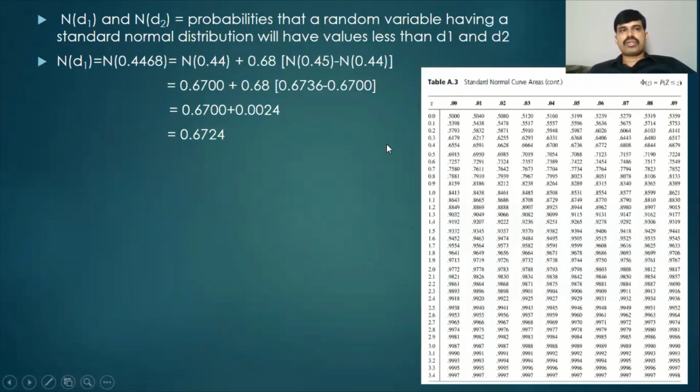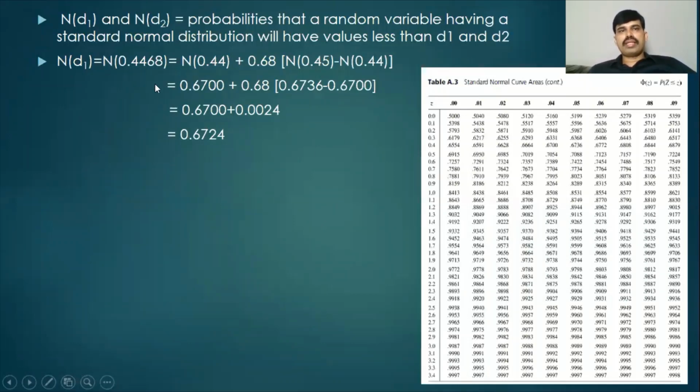For D1 equal to 0.4468, we split it: the first two decimals, and then the third and fourth decimal places, considered separately.